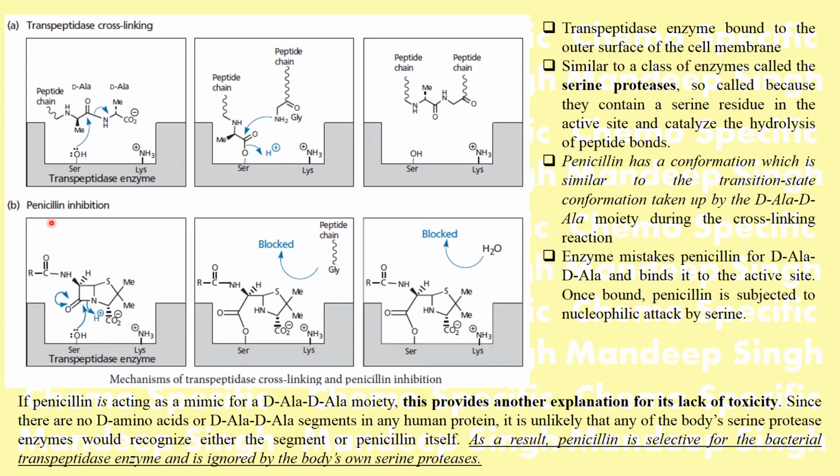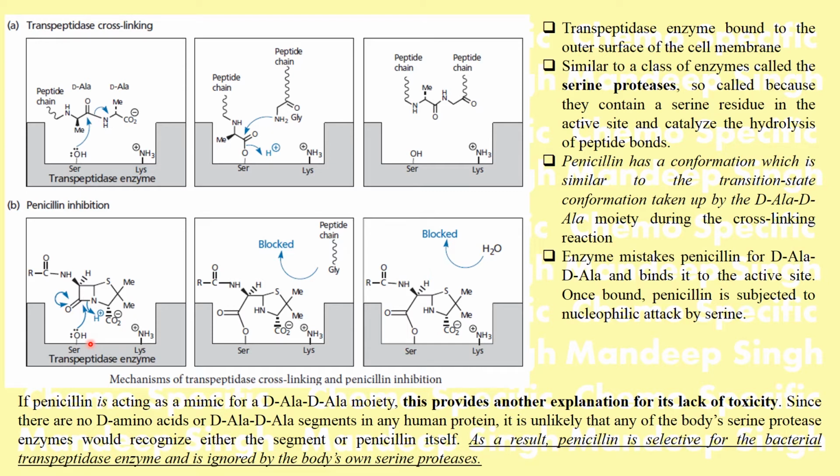Now, what happens? How does the penicillin inhibit? Penicillin adopts a very similar conformation to what D-alanine and D-alanine has. For example, this particular conformation, and penicillin has a very similar conformation. So the transpeptidase enzyme gets confused, as a result of which it attacks the penicillin.